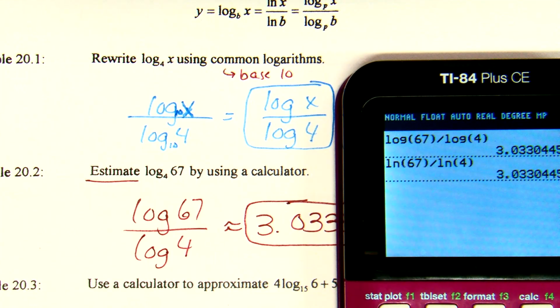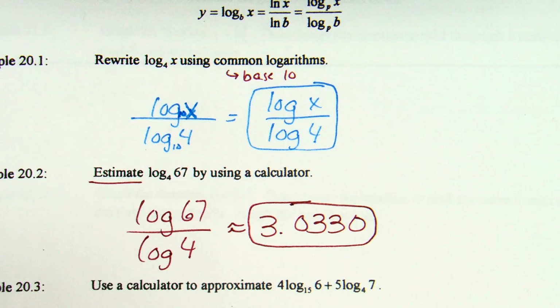Example 3. Use a calculator to approximate 4 log base 15 of 6 plus 5 log base 4 of 7. What do we do? 4 log 6 over log 15 plus 5 log 7.